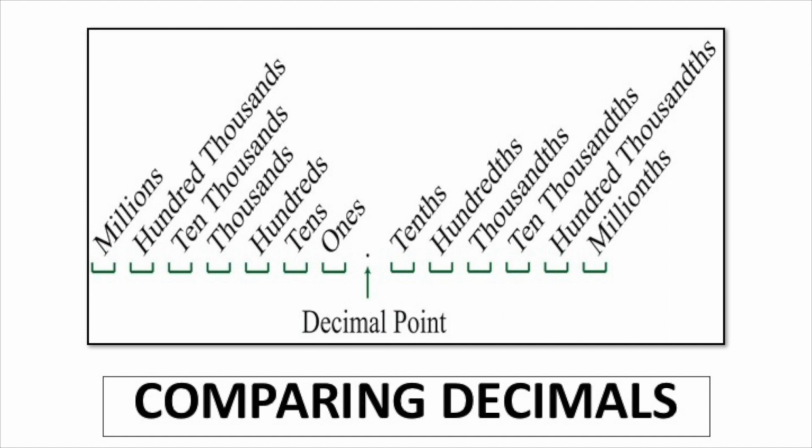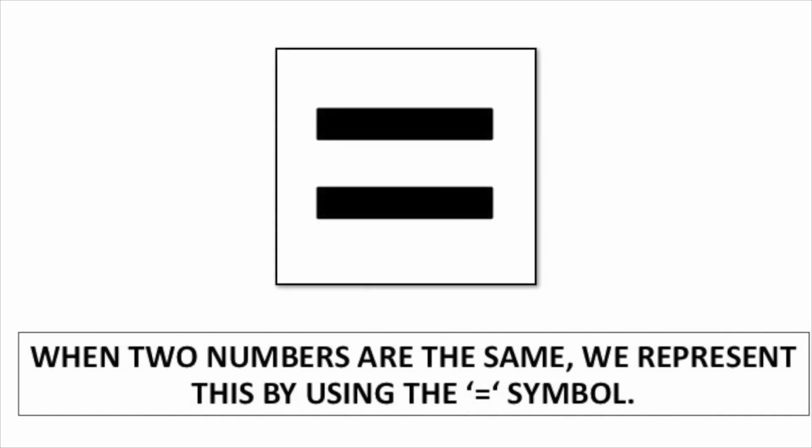But don't worry, we won't be doing that for today. We'll be concentrating on tenths, hundredths, and thousandths. When 2 numbers are the same, we represent this by using the equals symbol. Yes, this symbol here represents equal to.